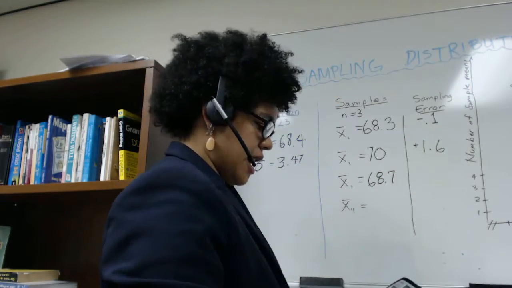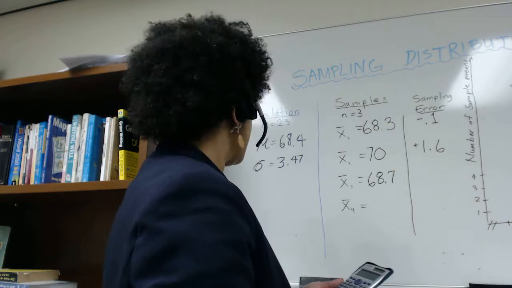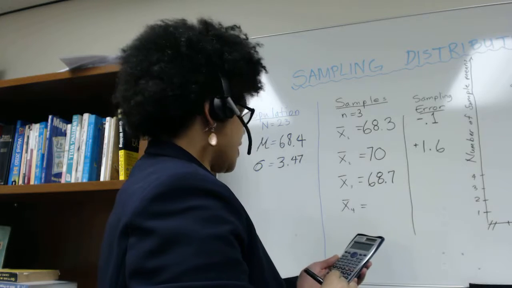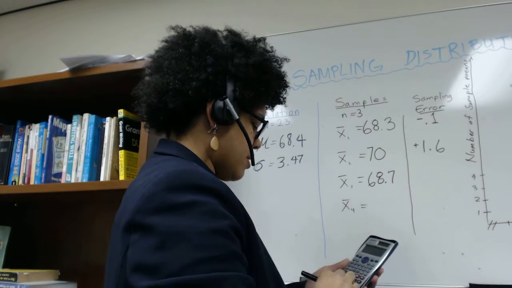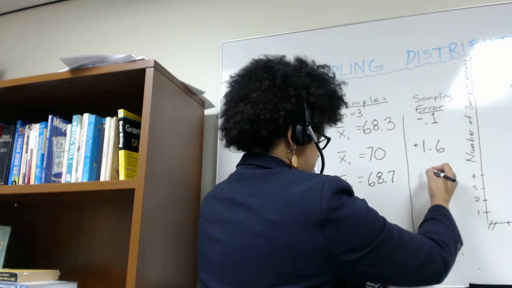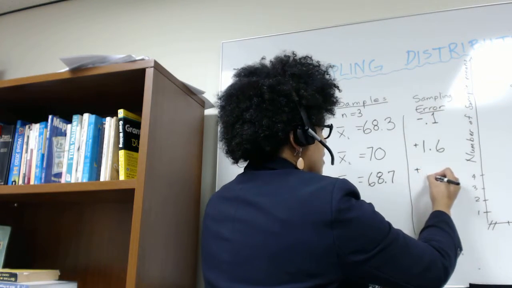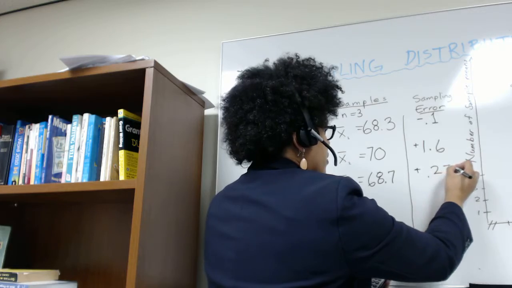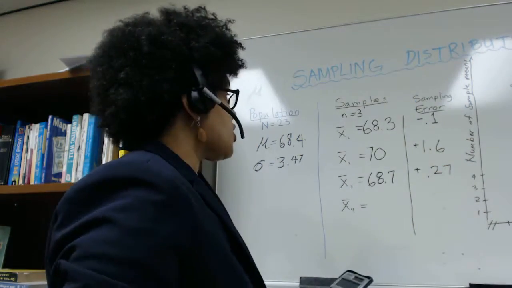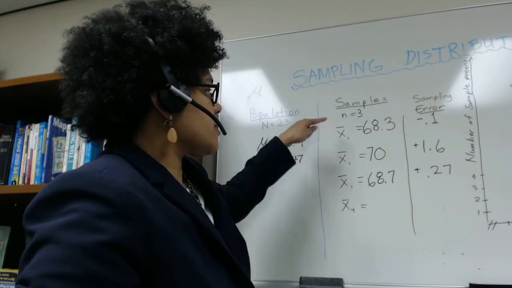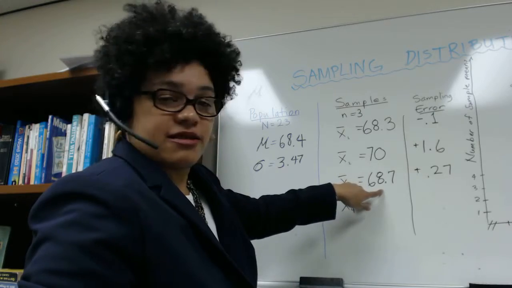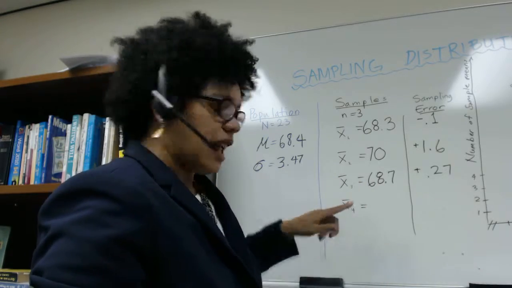So now let's find the error: 68.7 minus 68.4 equals positive 0.27. So far I've drawn 3 samples. There's X bar 1, X bar 2, X bar 3. Now let's do one more.